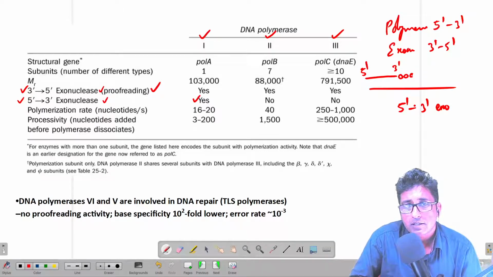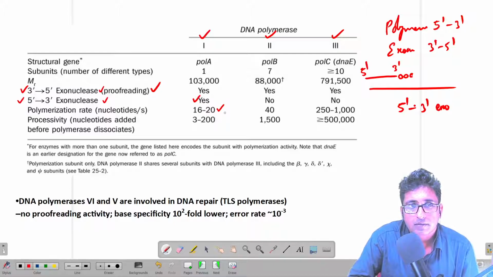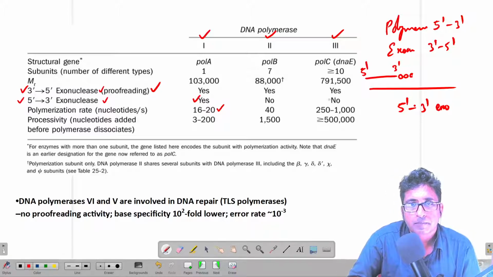And there is something else we need to look at, the speed of polymerization. DNA polymerase 1 is a little slow, or the slowest one. The number of bases it can add is about 20 bases per second, whereas DNA polymerase 2 is a little faster.